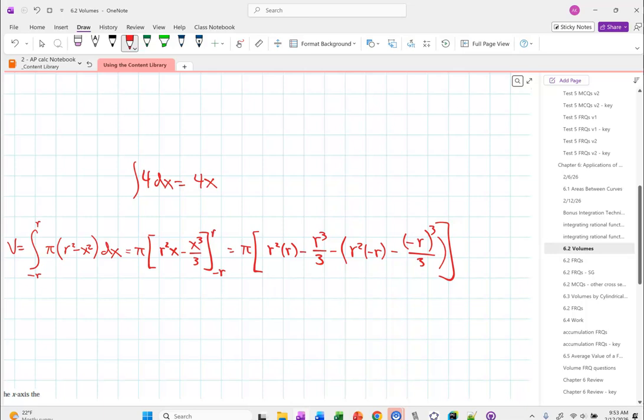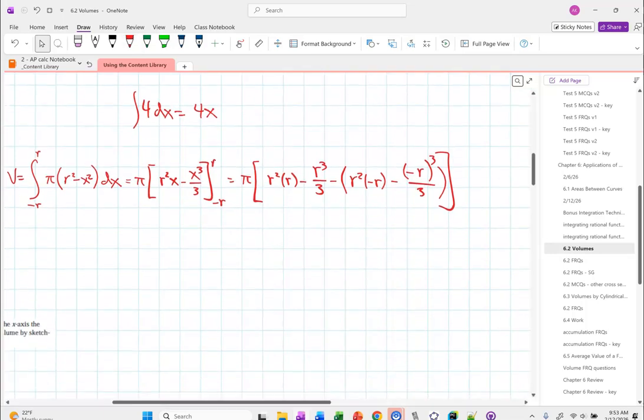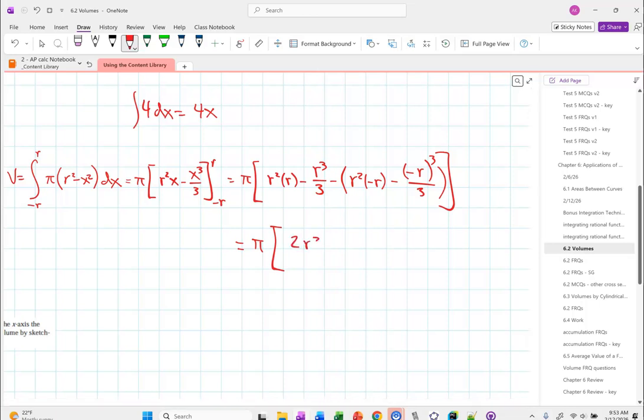Everybody okay with what I did? Okay, so let's see what I got here. So r cubed minus r cubed over 3 is 2r cubed over 3. Then I have minus a negative, so that's going to make it a plus. And minus a negative, that's going to make it a plus. So I have r cubed plus a negative r cubed over 3.